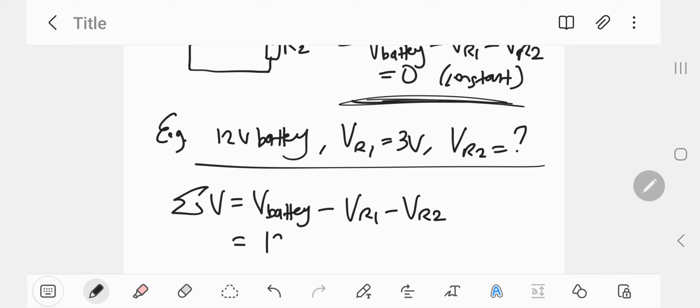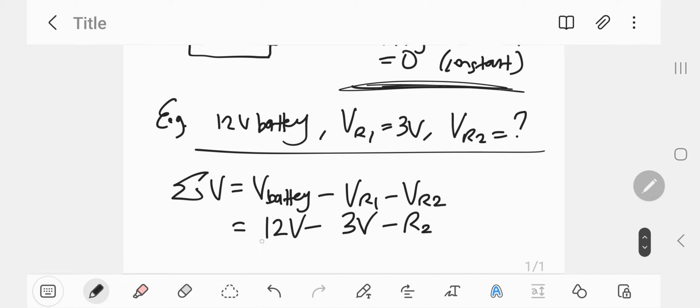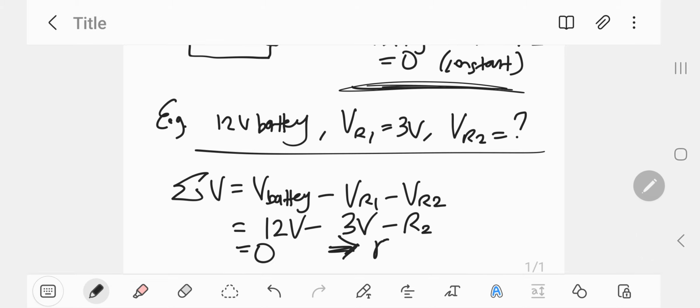Let's plug in our numbers: 12 volts minus 3 volts minus V2. Now this has to equal 0 by definition. If you rearrange this mathematically, you'll find that the voltage of the second resistor is just 9 volts, 12 volts minus 3 volts.